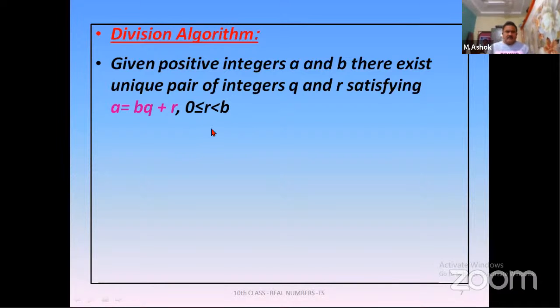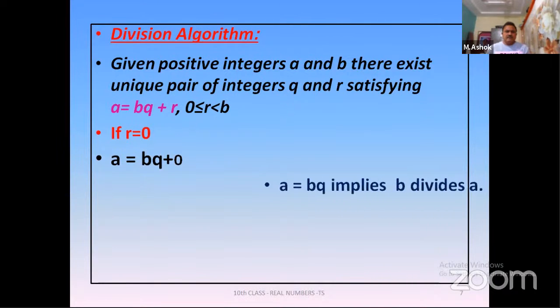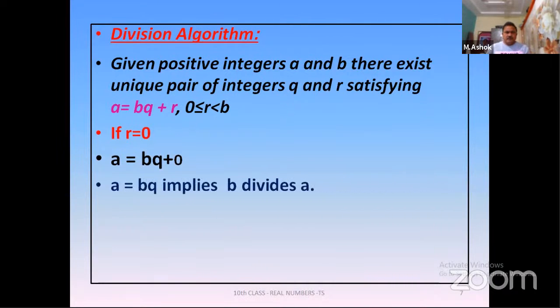It is the division algorithm. We have discussed it in the last class. So here if r is equal to 0, then what happens? See there, a is equal to bq plus r, put r equal to 0. Now it becomes a is equal to bq.